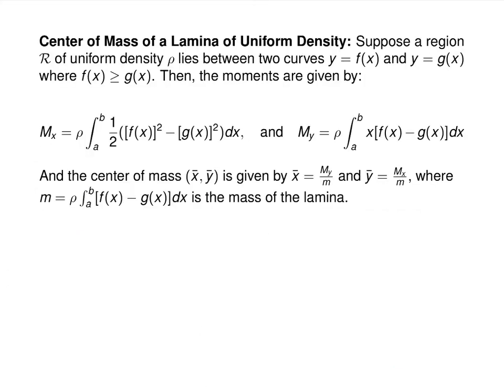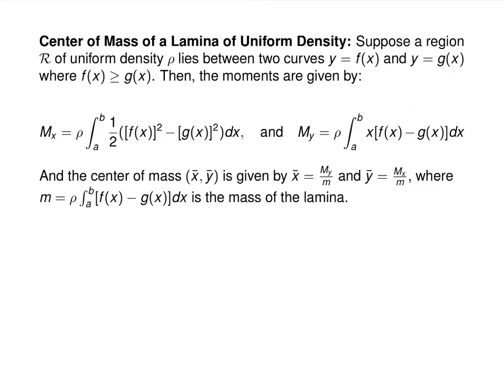Now we're going to actually generalize this two-dimensional idea to finding the center of mass given a weird shape of uniform density. So you have a region R of uniform density, rho, which lies between two curves f of x and g of x, where we're assuming that f of x is greater than g of x.